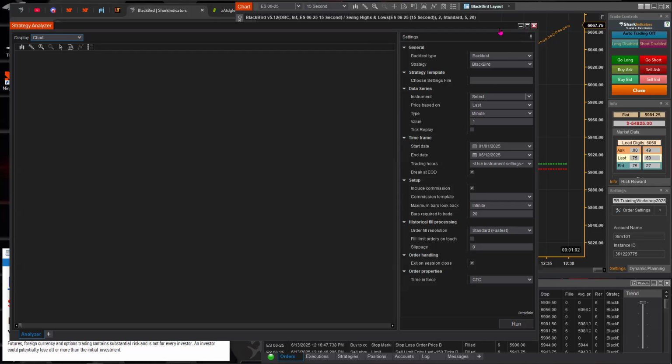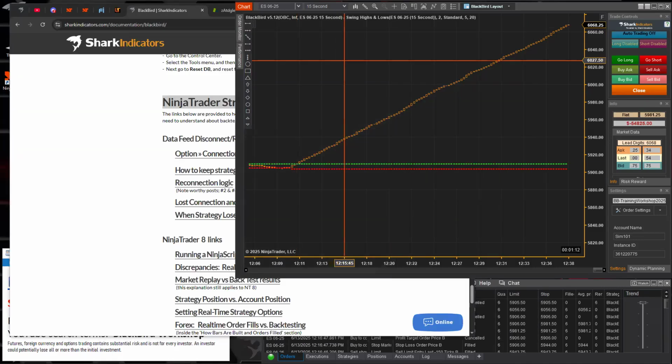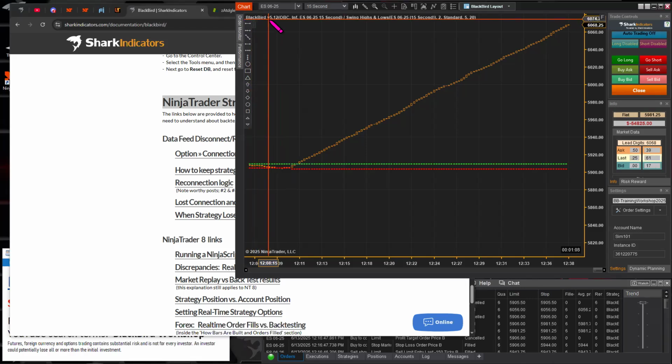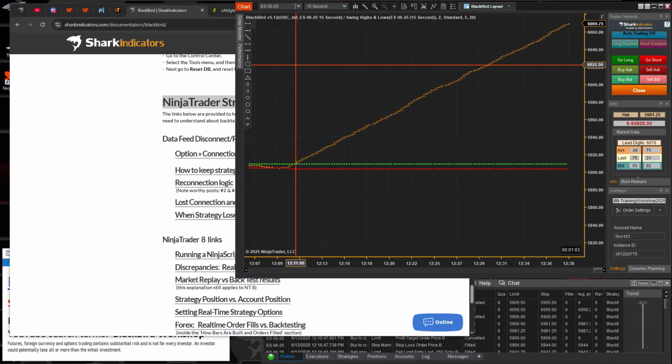But as long as you're using version 5.12 there, none of us at Shark Indicators have seen different results running the optimizer multiple times.